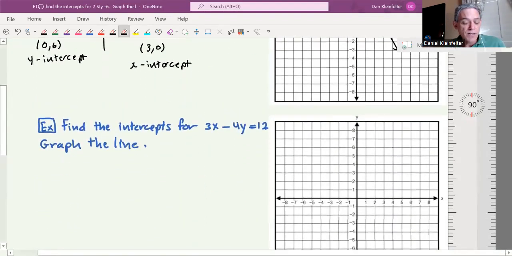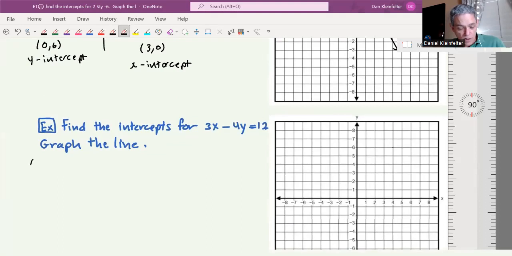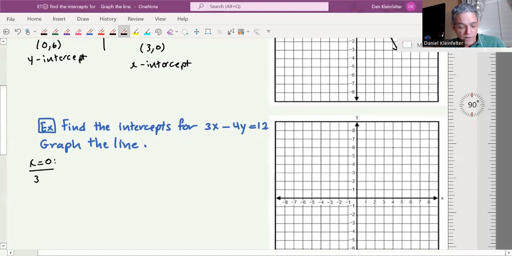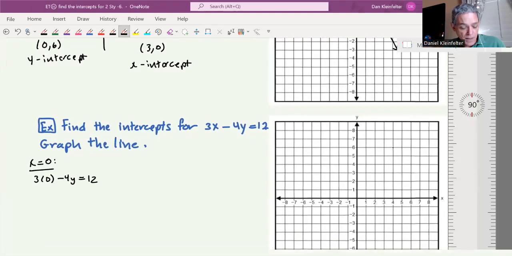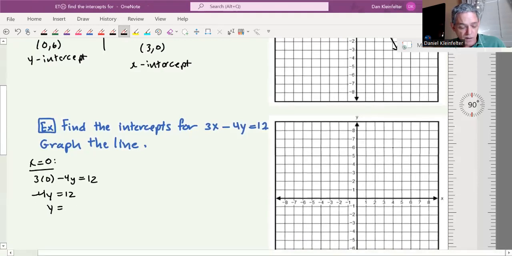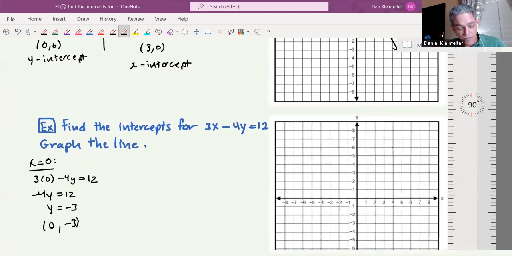Okay, let's find the intercepts for 3x minus 4y equaling 12, and then graph the line. So again, with x equaling 0, we'll have 3 times 0 minus 4y equals 12. Negative 4y equals 12, so that y equals -3. That will give us a point 0, -3.